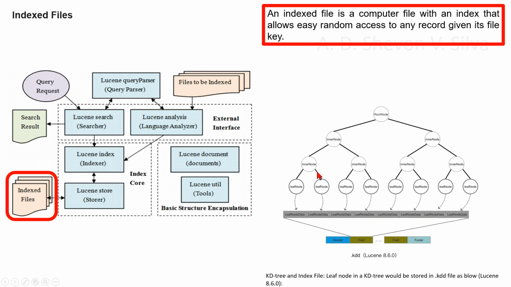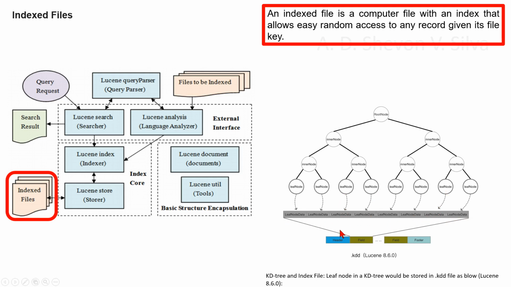This leaf node is connected to leaf node data, and this one is connected to leaf node data, and these leaf nodes are connected to leaf node data here.